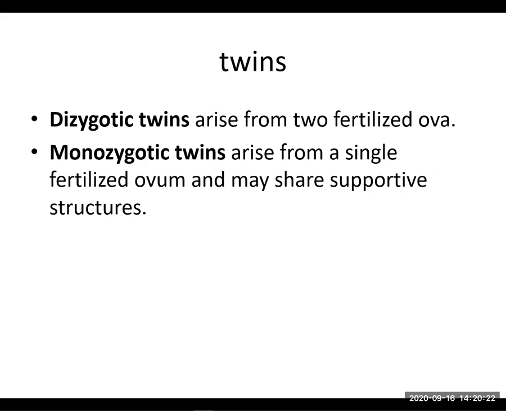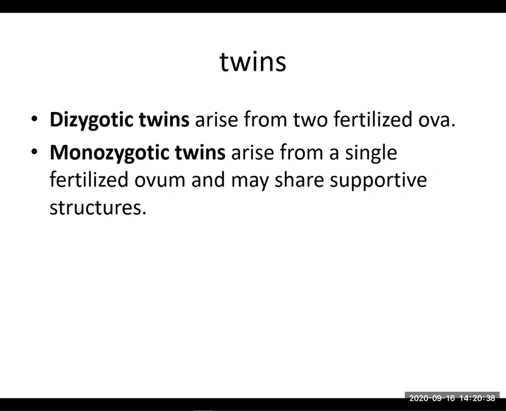If these twins come from two eggs, as I just mentioned, they will be very different because the two eggs will have different genes. They could even be one male, one female.